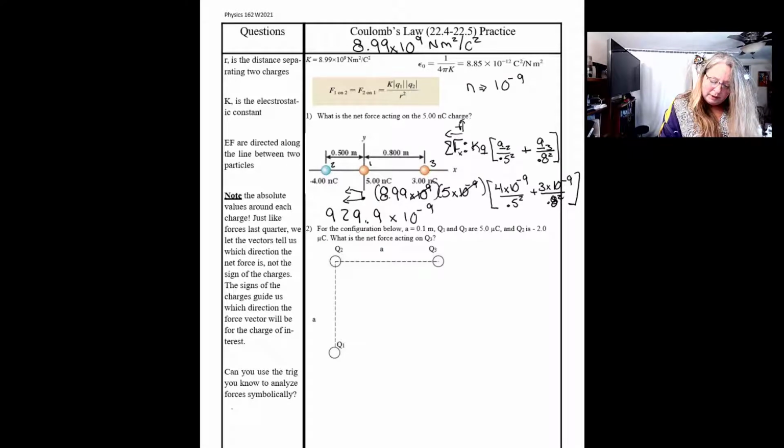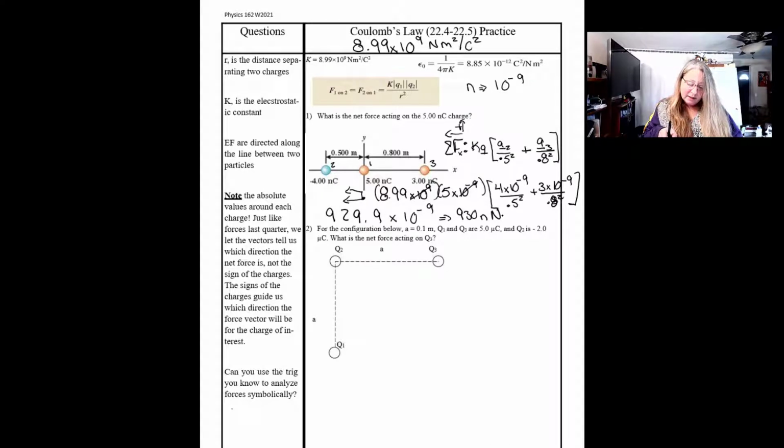Otherwise known as 10 to the negative 9, 10 to the negative 8, 10 to the negative 7. So I can either write it this way, or I can write it this way. I can write 930. We'll just round. Nano newtons. It's up to you. So you can write it with scientific notation or start getting used to writing nano and micro. They're units we're going to deal with a lot.